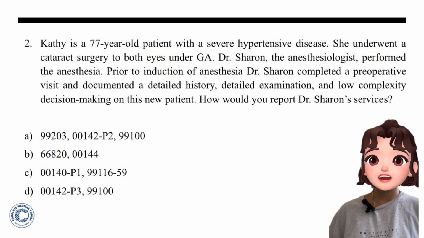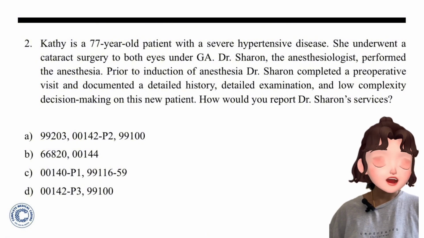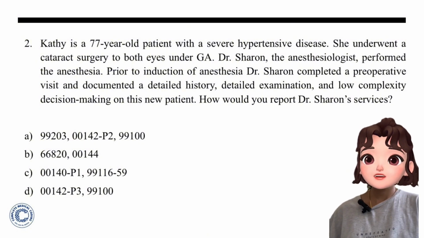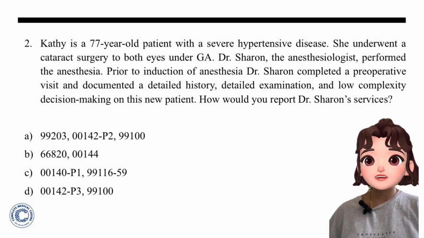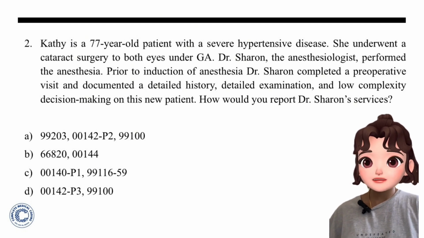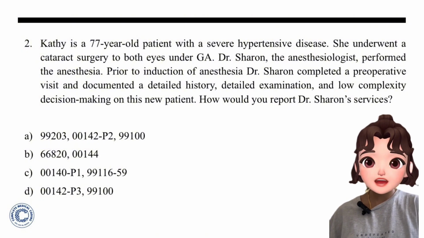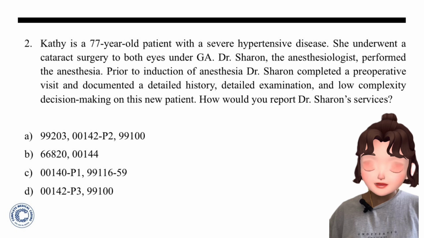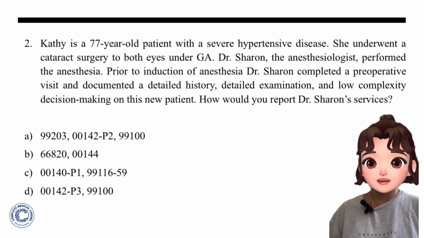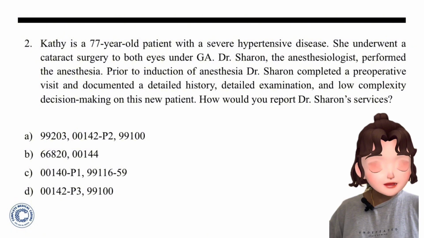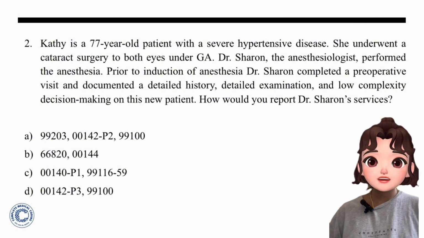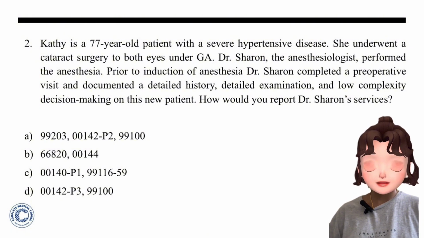Now if you see option C, what is 00140? Let's find out the anesthesia code. Only two options remain now, 00140 and 00142. Which is correct? Let's find out. 00140 is anesthesia for procedures on eye, not otherwise specified.